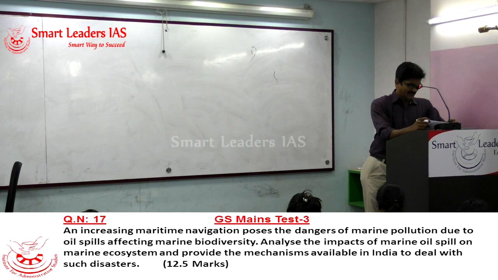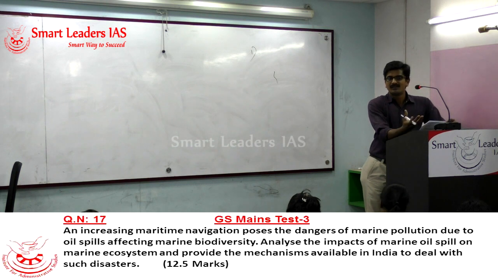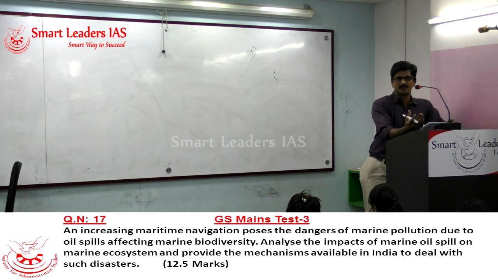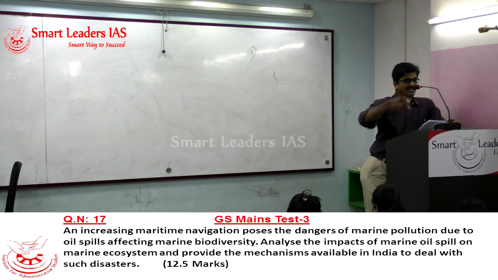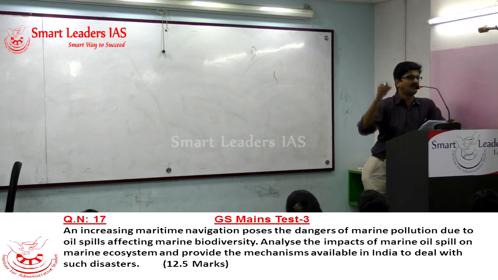The third impact, oil, it's inflammable. There is a fire threat. There is a threat of fire during oil spills. Second, most of the times, oil spill, if it happens with oil recovery platforms, most of the times there is a fire. When you report a fire in the oil recovery platforms, it is not just due to fire.